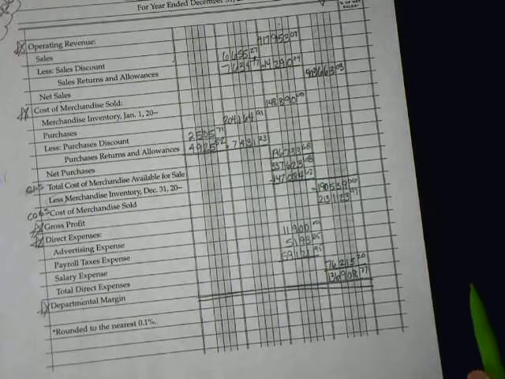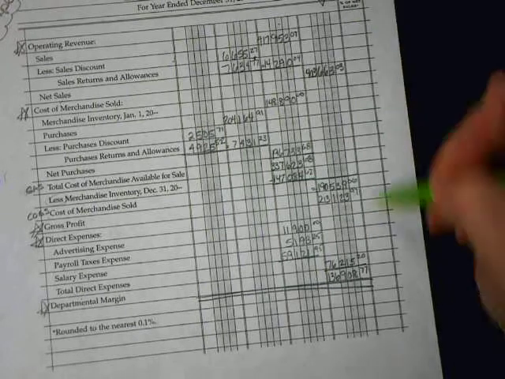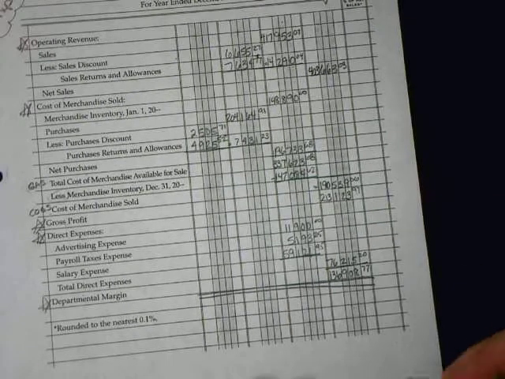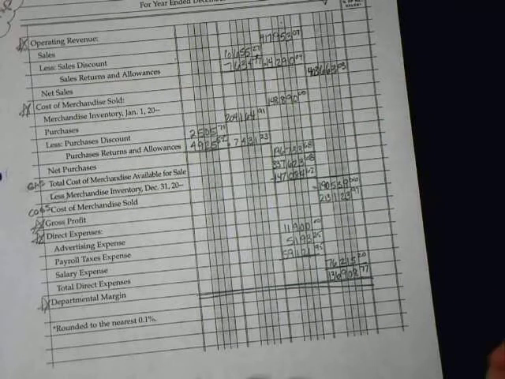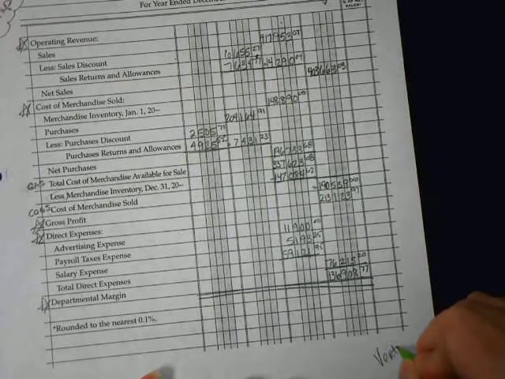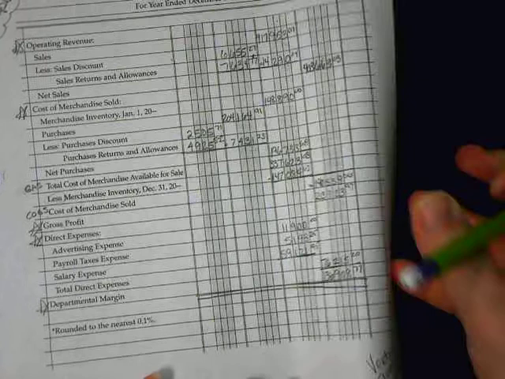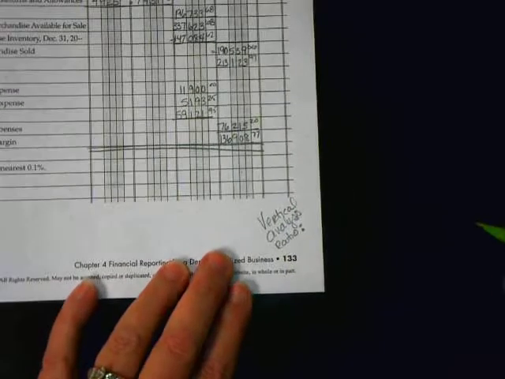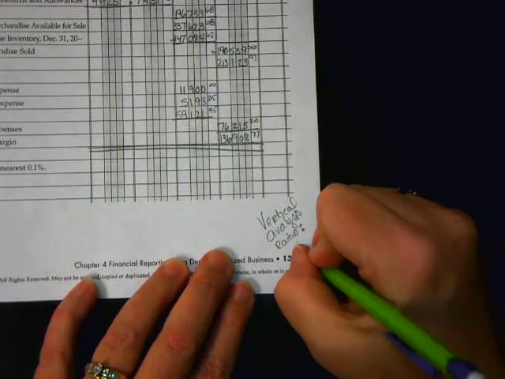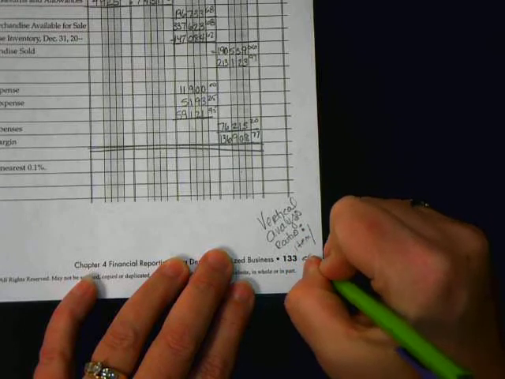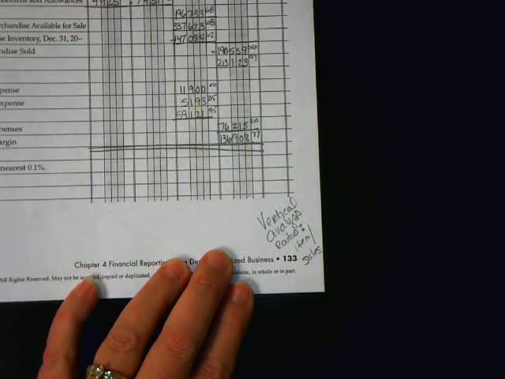Then they want you to do the vertical analysis. That's what this is called, vertical analysis ratio. This is basically the item divided by the sales, or the total.